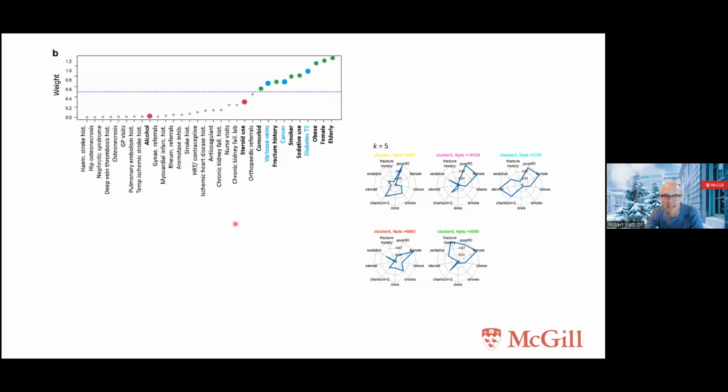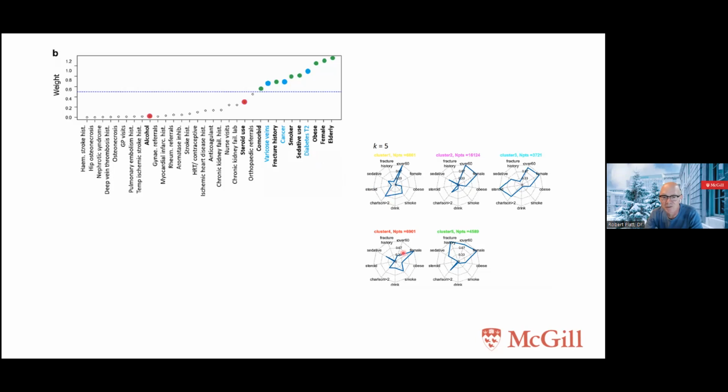And this is just a brief summary of the study, showing that some variables in the database are getting different weights. So being elderly, being female, being obese, having type 2 diabetes, being on sedatives are all variables that are useful for clustering out these populations.